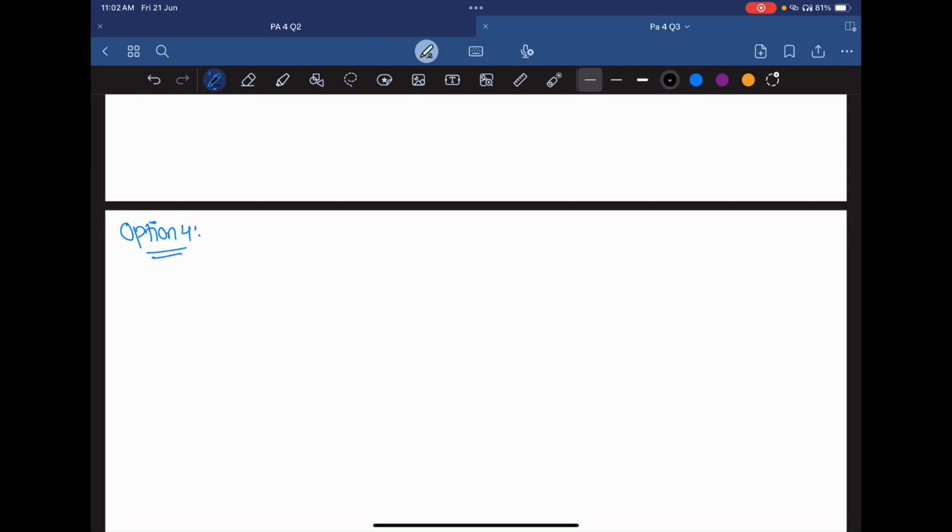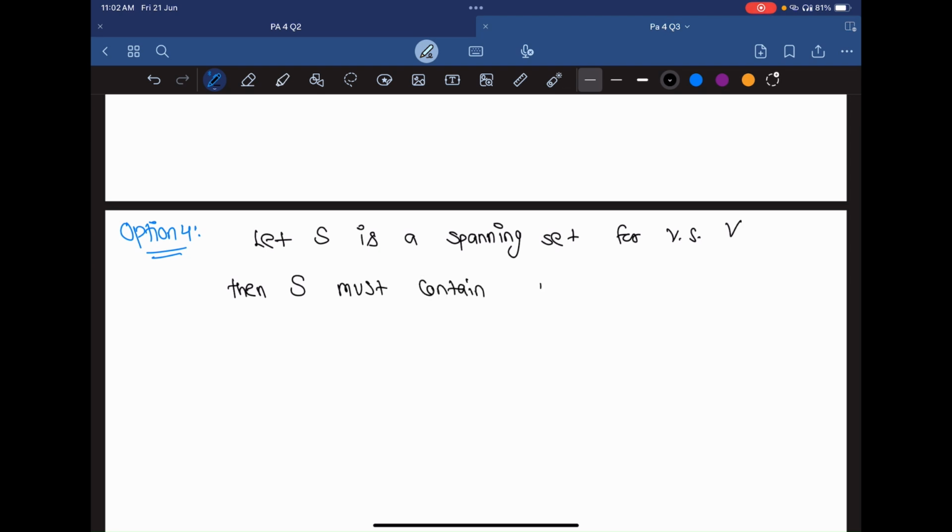Let S be a spanning set for some vector space V. Then S must contain at least dimension of V vectors.